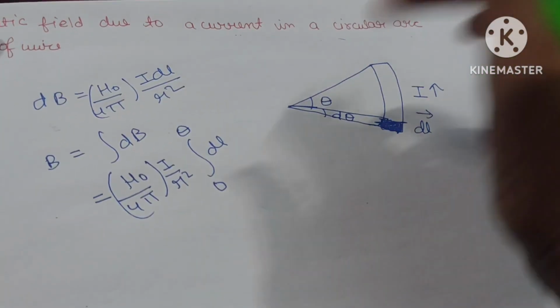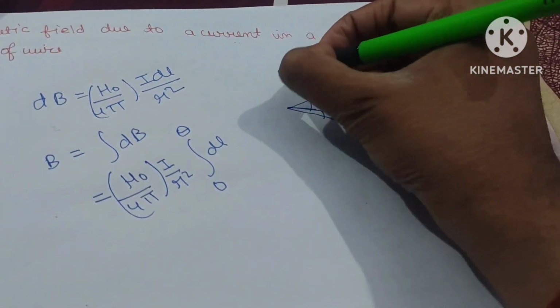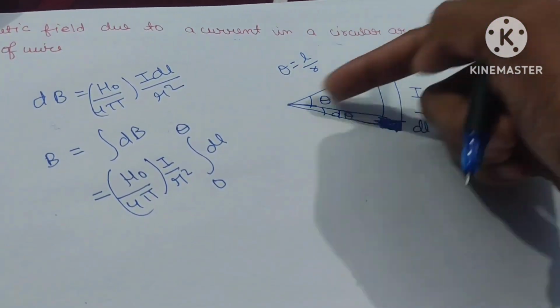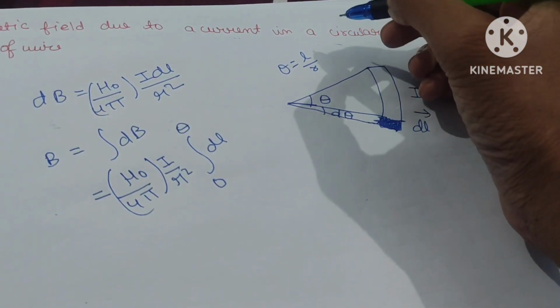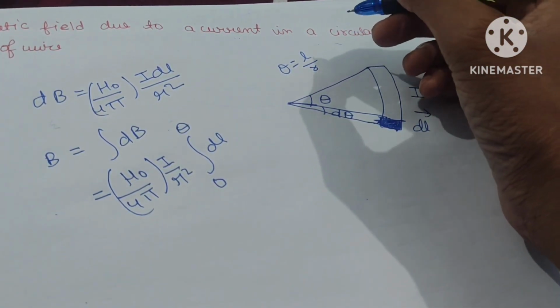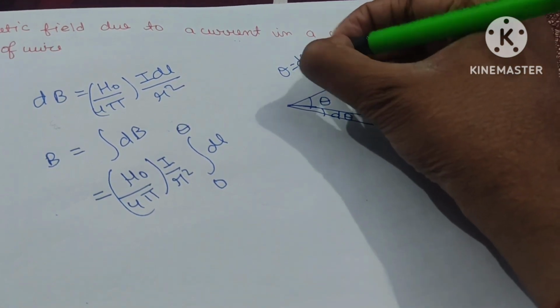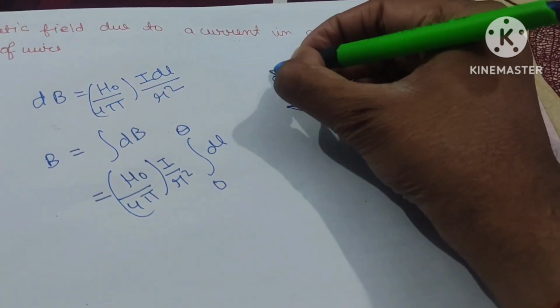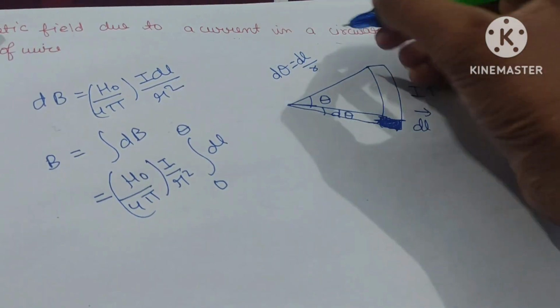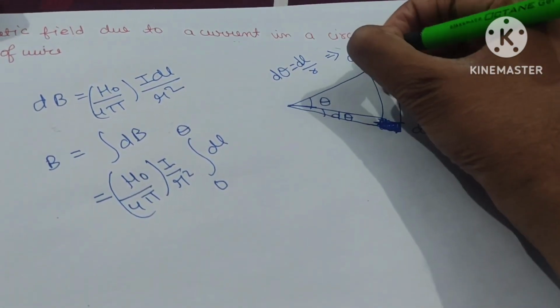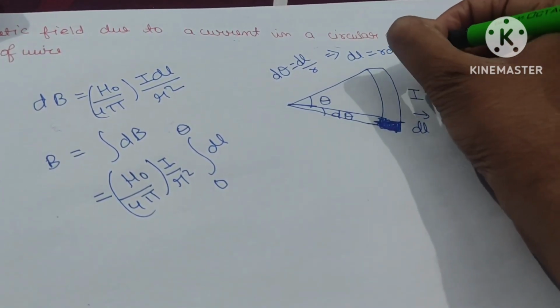But here is the question: what is dl? We know theta is equal to L by r if you consider it as an arc. So if we take L as elementary, then d theta will become elementary. So here dl is equal to r d theta.